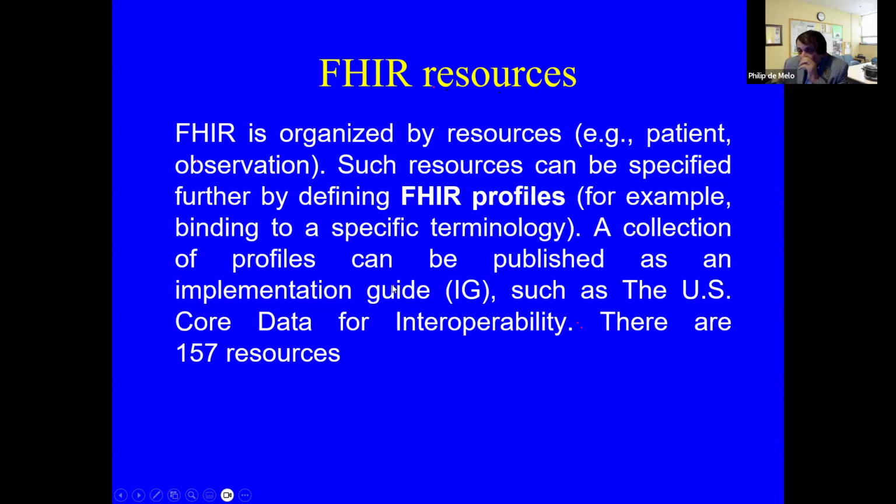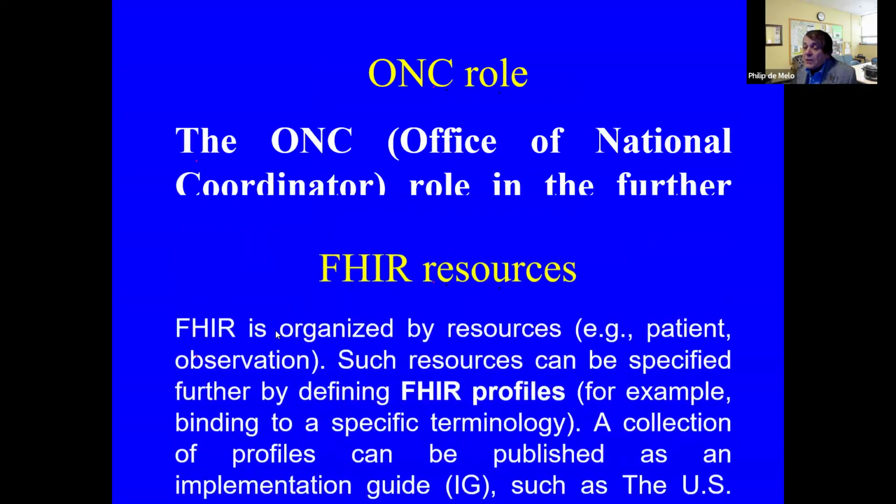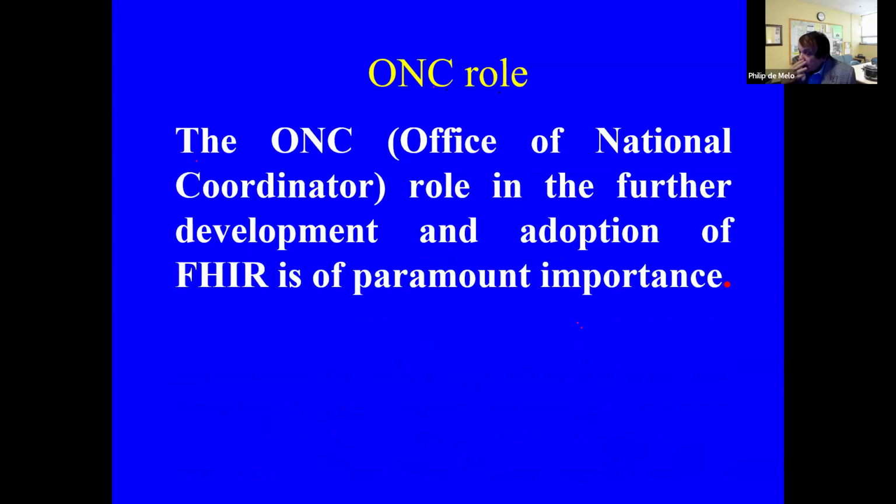So a collection of profiles can be published as an implementation guide. We know this, such as the US Core Data for Interoperability. As I said, there are 157 resources currently available. Now, ONC, what does ONC mean?